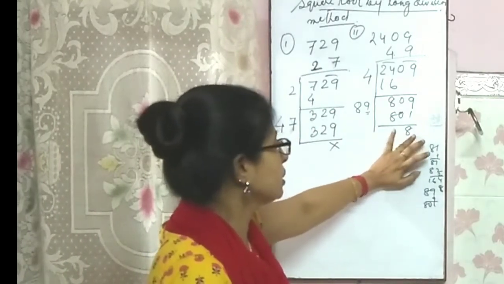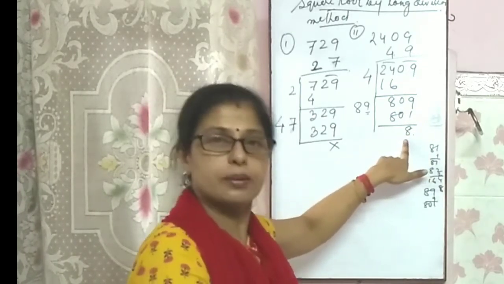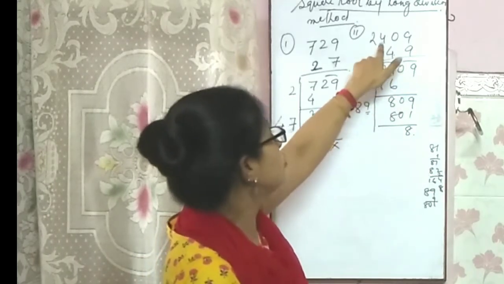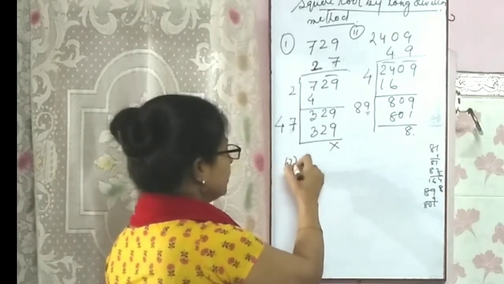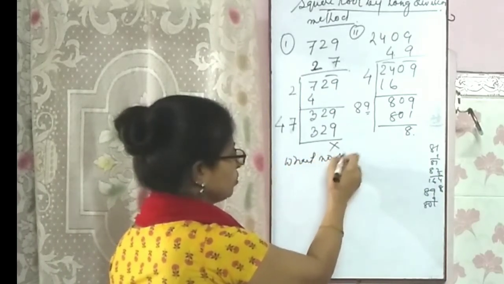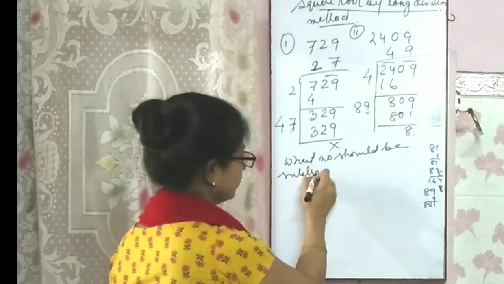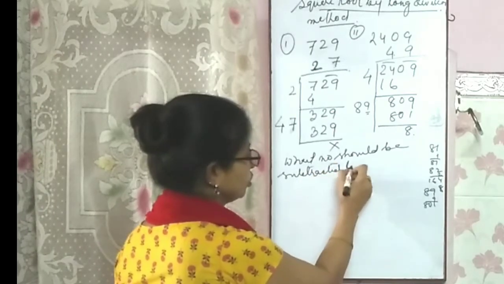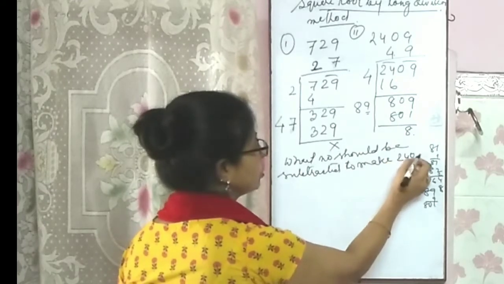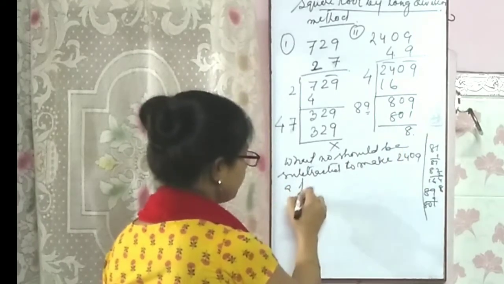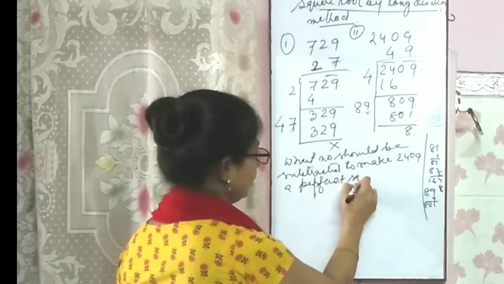Like if you are asked what number should be subtracted to make 2409 a perfect square?